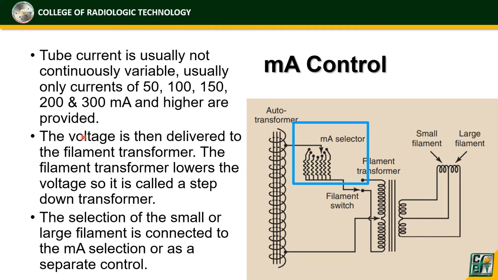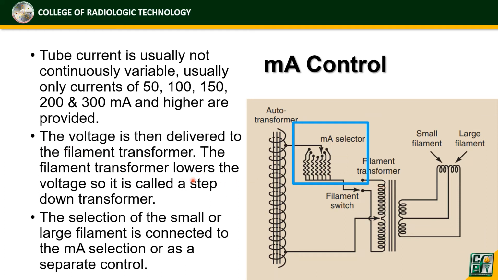So the voltage is then delivered to the filament transformer. So from the auto transformer, mamimili tayo ng MA, and then from the MA selector, pupunta siya sa filament transformer. And this filament transformer is a step down transformer.